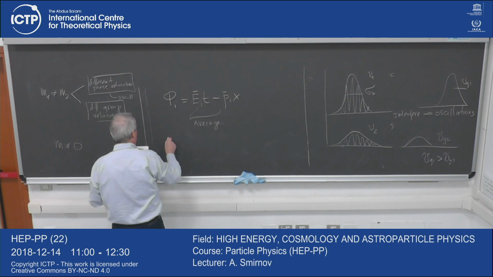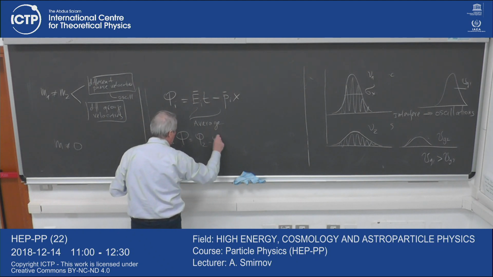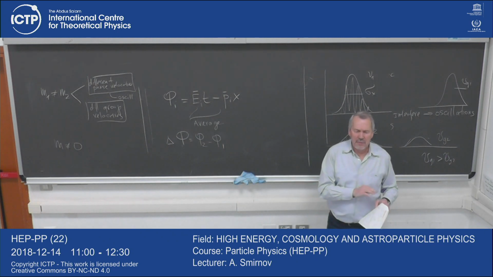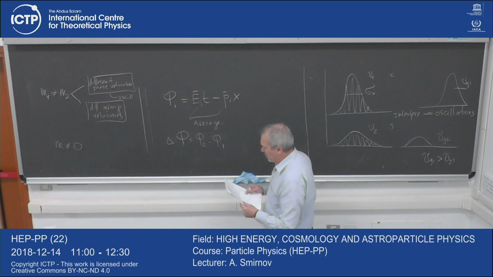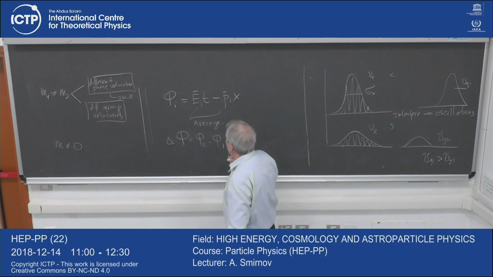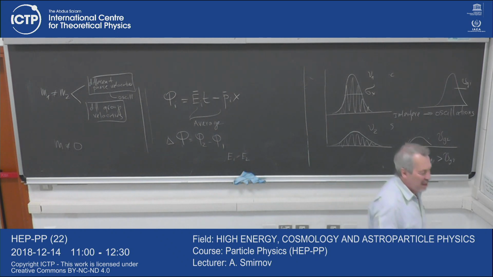Now, let us compute the phase difference, which is F2 minus F1. What people are doing, in many textbooks you will find the following: let's take equal energies and then compute this phase difference. And then every year people write papers asking why equal energy, when in general, if you have wave packets, you have an ensemble of different energies and different momenta.